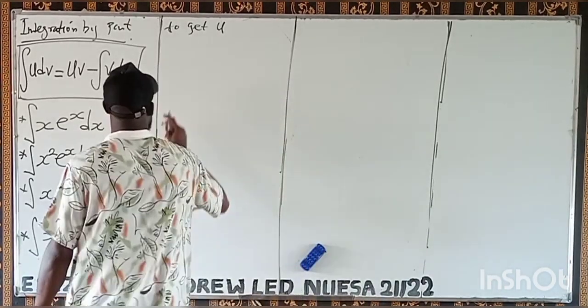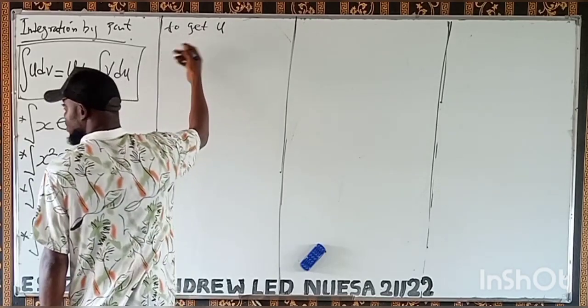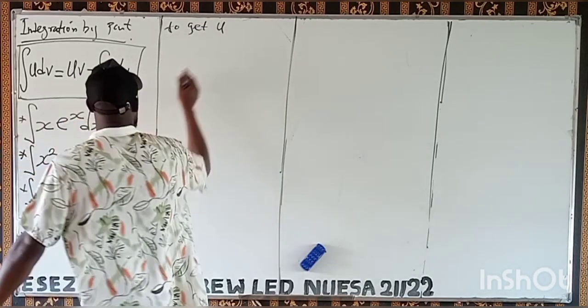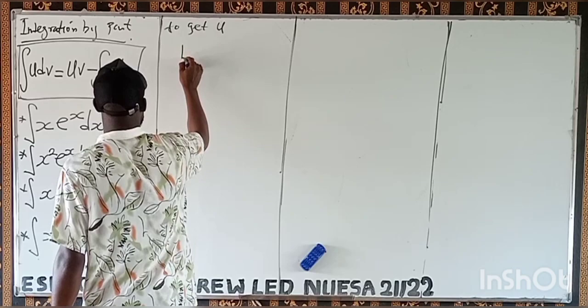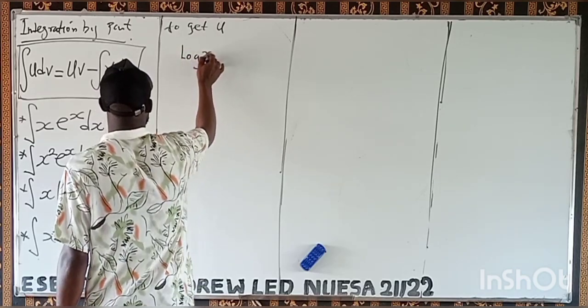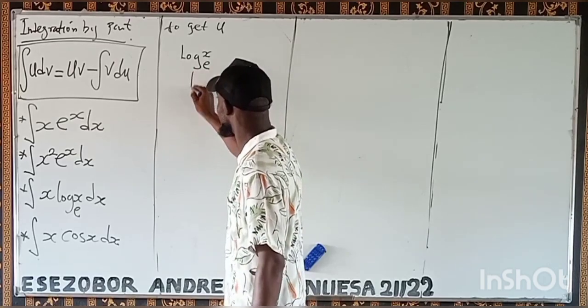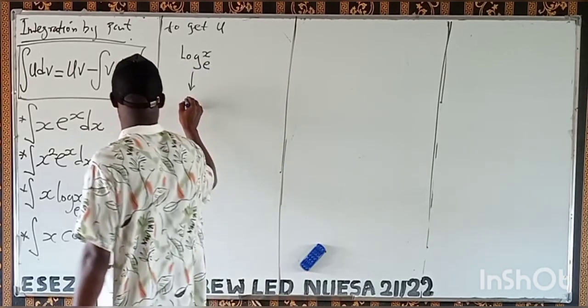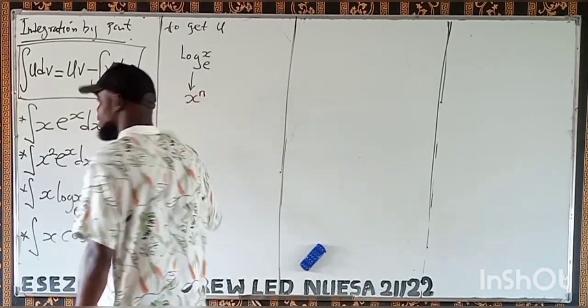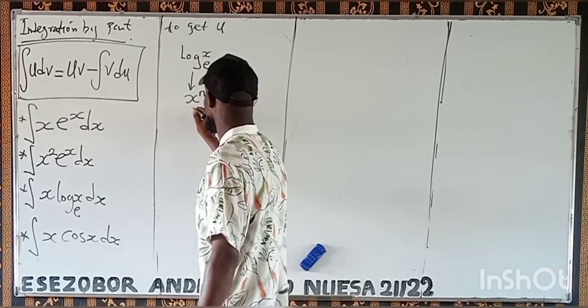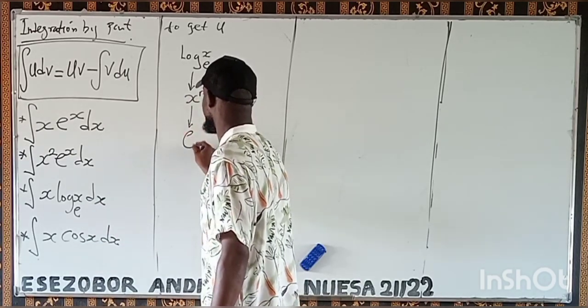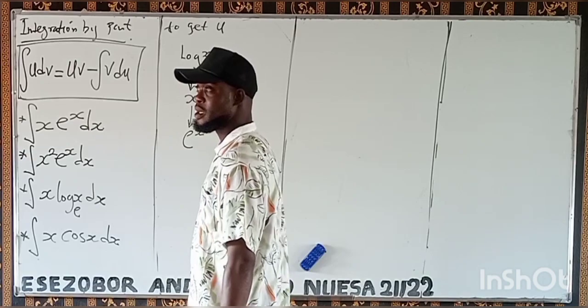To obtain or select u, the first thing you check is if you have log x to base e. If this one is not there, then you check if you have x raised to power n.